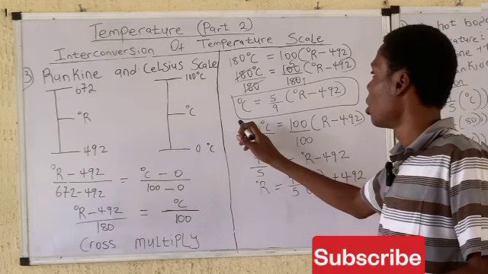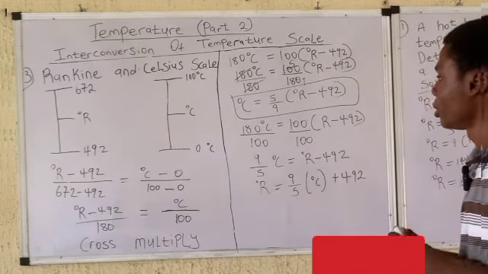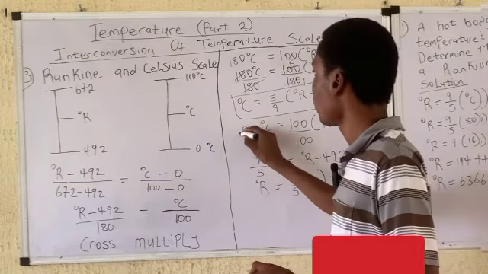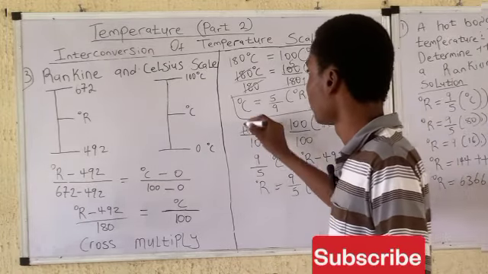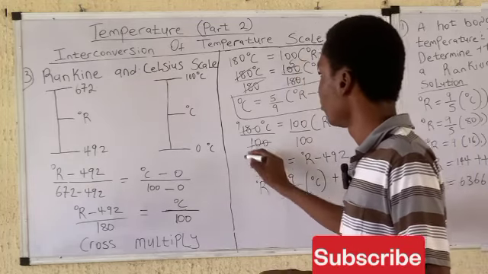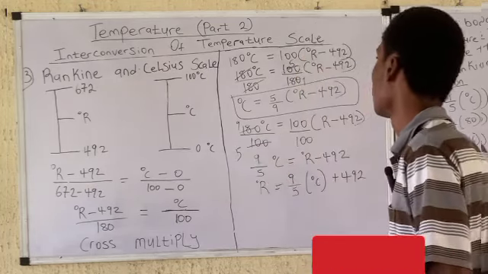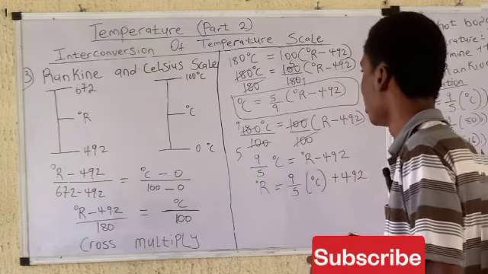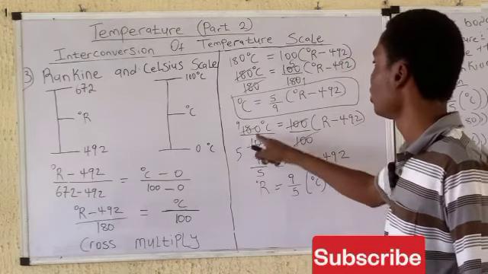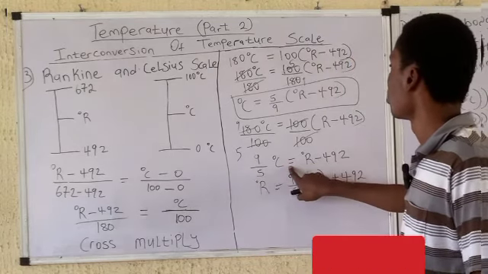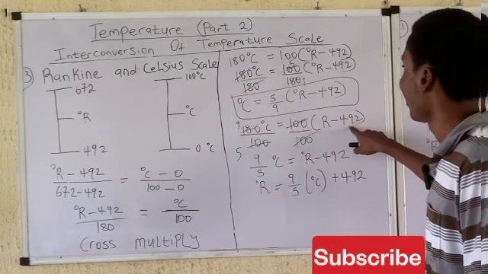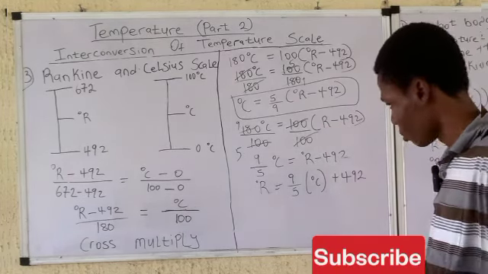So 180 divided by 100, we use 20 to divide. So 20 in 180, we have 9. 20 in 100, we have 5. So here, 100 cancel 100. So we are left with 9 over 5 degrees Celsius, equal to 100 cancel 100. So we are left with Rankine minus 492, which we have here.